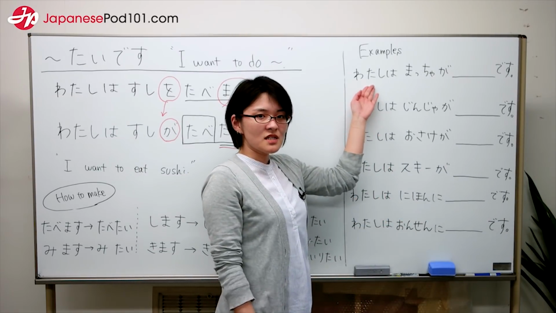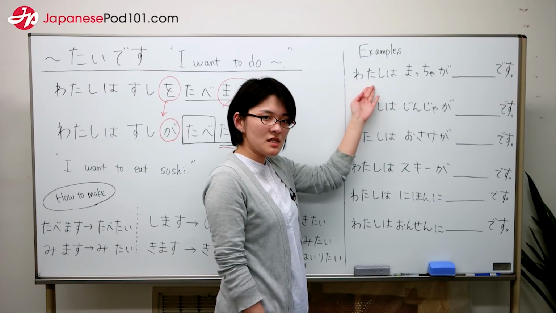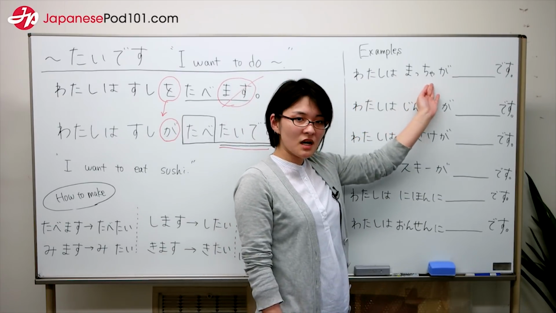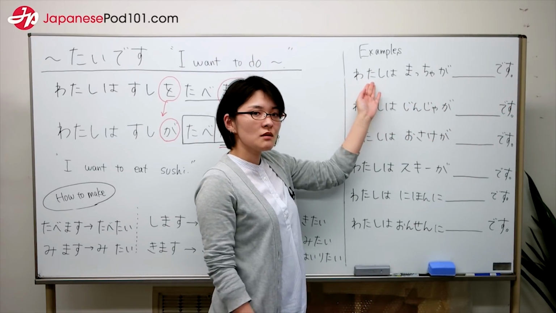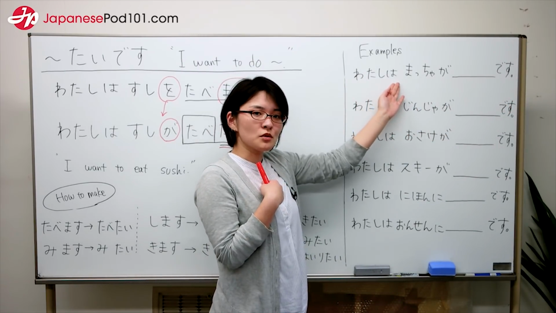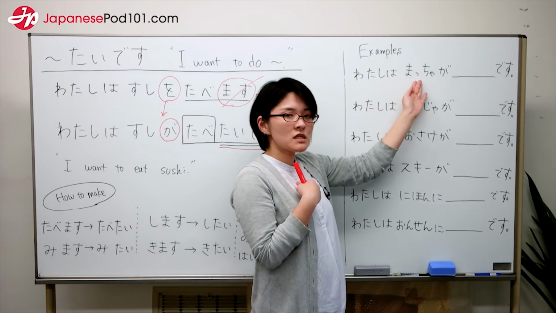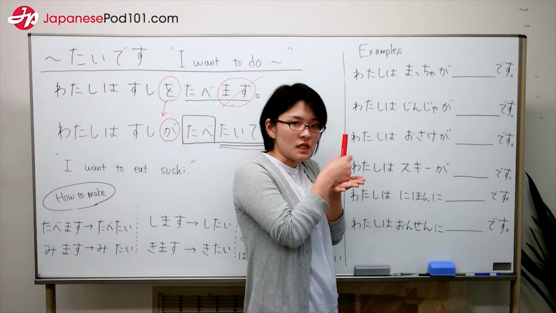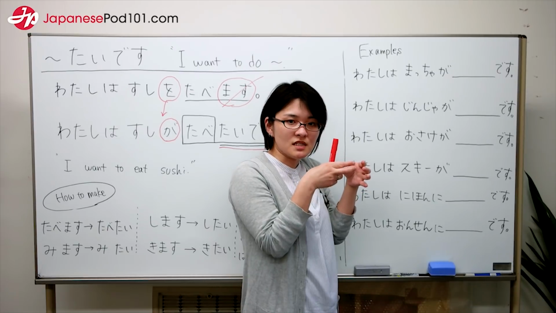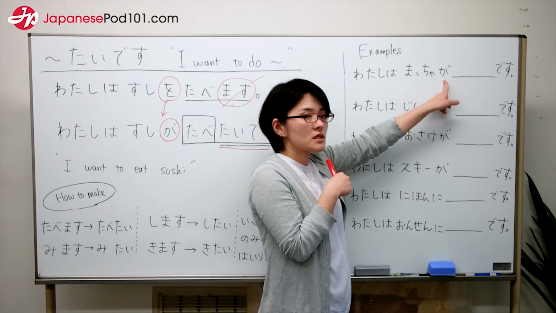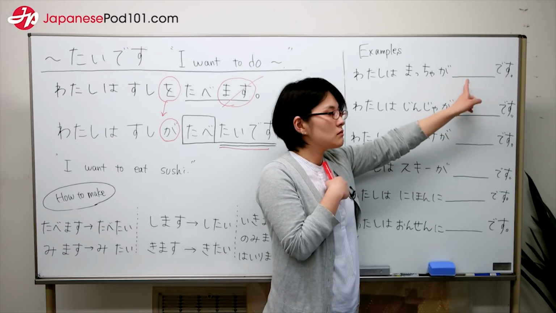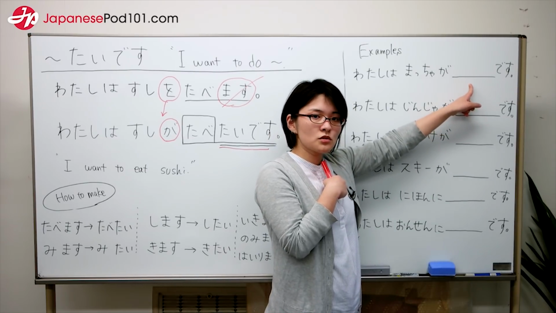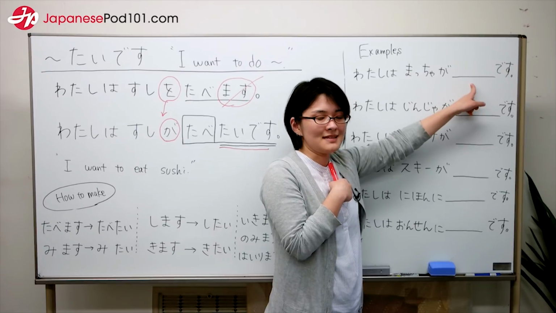The first one is I want to drink matcha green tea. 私は抹茶が something です. So let's break it down. 私 means I, and then wa means topic marking particle, and matcha means ground green tea. You know matcha from the tea ceremony, and then the object marking particle ga. So the missing part is to drink. To drink is 飲みます in Japanese.